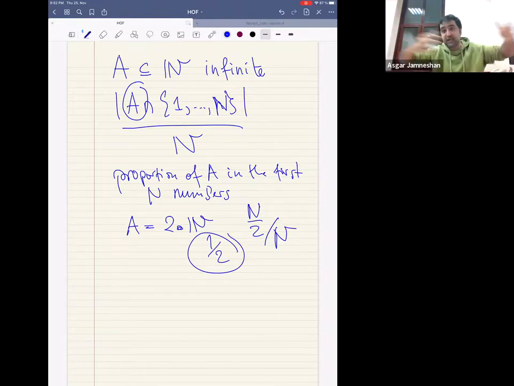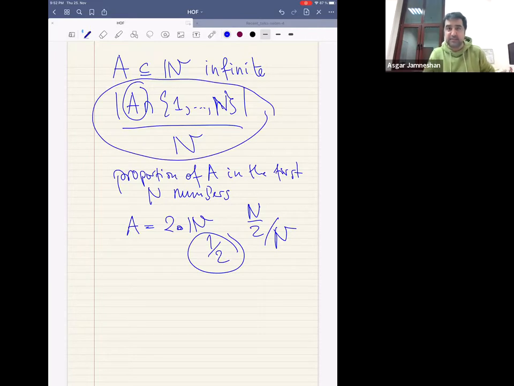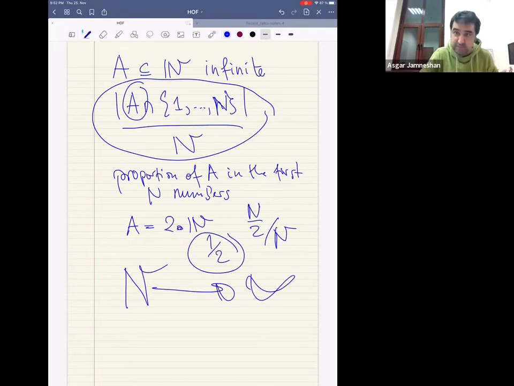So they have a density of 1/2 inside the natural numbers. A way to measure this density is this proportion. So you let, as a mathematician would say, n go to infinity, and then you look if this proportion is something positive. The even numbers have such a positive proportion, and this is called a positive dense set.